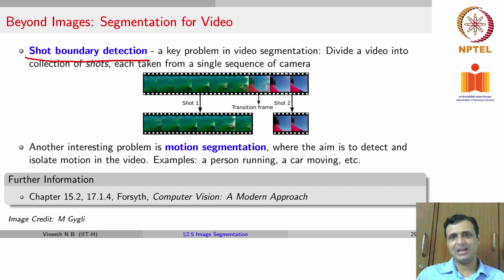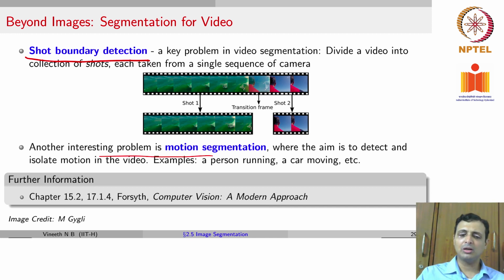Remember that if there's a very long video and you want to understand the video, let's say you have a movie and you want to be able to understand the movie by automatically parsing the video, you first have to divide the entire movie into shots and then try to analyze each shot for understanding the scene, understanding the characters, so on and so forth. So that's an important task in video segmentation.